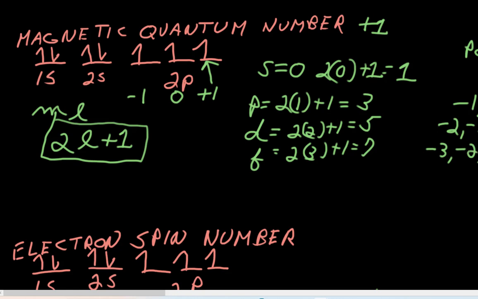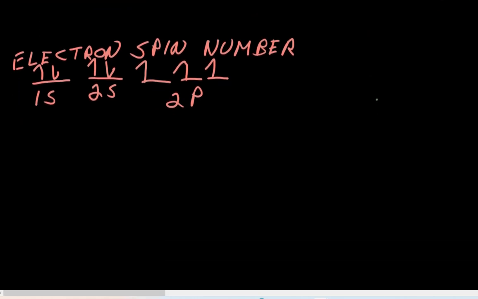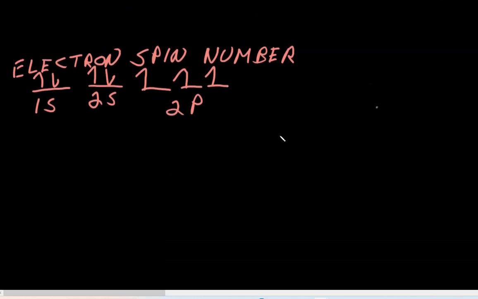All right, let's go on down to the last number. The electron spin number. The electron spin number is pretty straightforward. You look at the last electron. And again, we're looking at this one here. And if you remember, spin up, they all will fill these suborbitals up, up, up until you start doubling them up, and then you would have the down one.